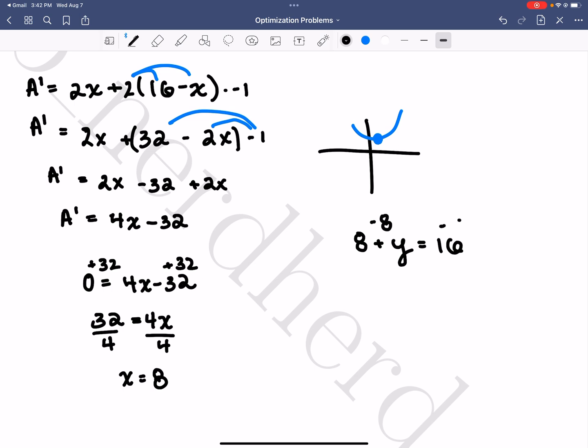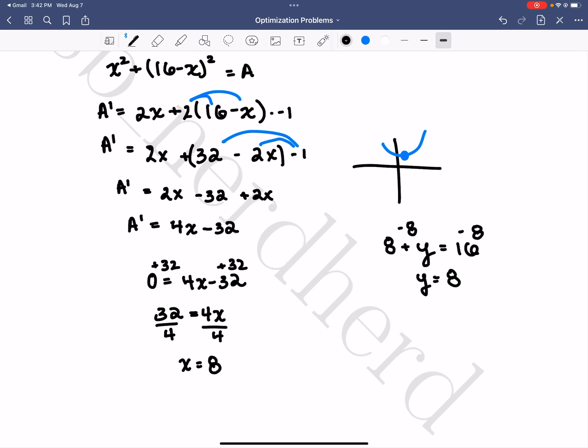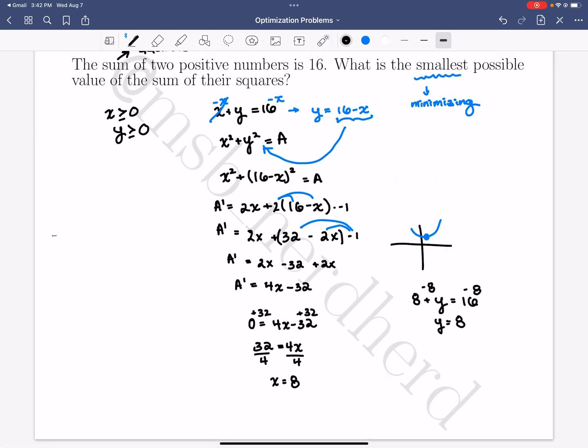Minus 8, minus 8. We get that y is equal to 8. You're like, oh, technically, couldn't it be... actually, no, it couldn't be any other possible number in this case. Sometimes you come up with a few other possible answers, and then you go back to your initial conditions to check them, but in this case, this is the only possible answer.